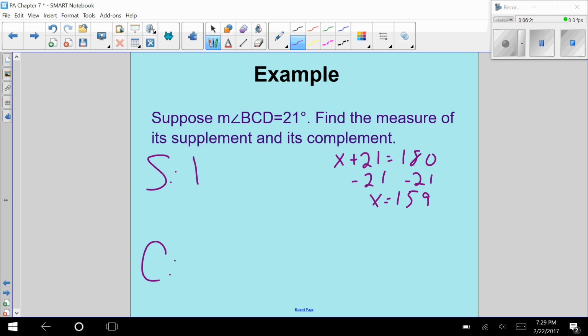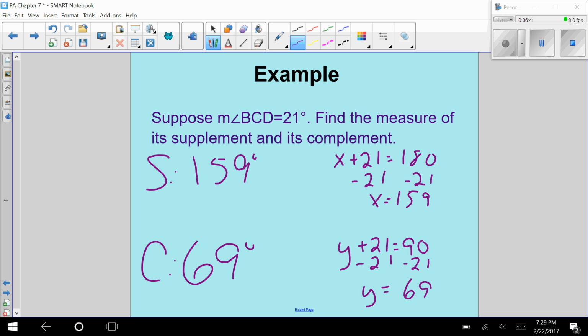So the supplement, the supplementary angle, is 159 degrees. For the complement, we'll call that one y. The complement and this angle add to give me 90. So I'll subtract 21 off both sides again, and y will equal 69. That means the measure of the complement, or the complementary angle, is 69 degrees.